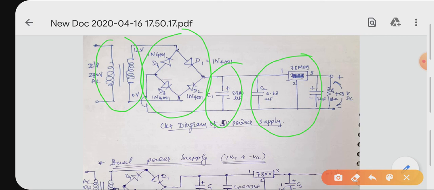Remember to write the numbers of pins of IC 78M09. Pin number 1 input, here it is shown, pin number 2 ground, and pin number 3 output. Okay, so this is the regulated power supply to generate the required voltage of 9 volt. Here it is mentioned across the load, and with current, the required current. Okay, so that is the circuit diagram of the 9 volt power supply.